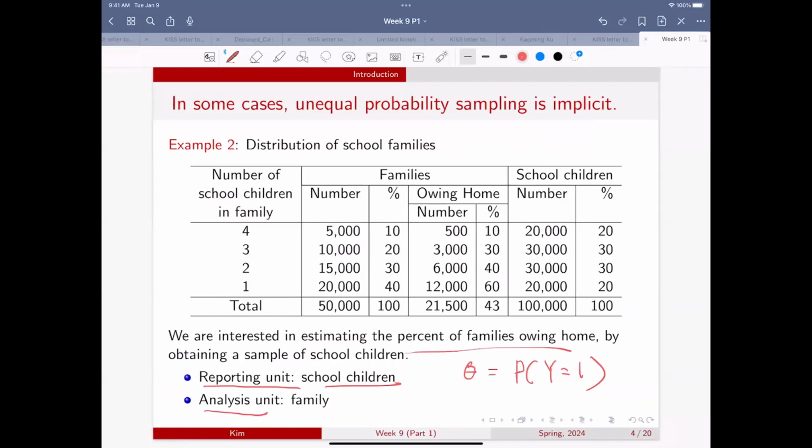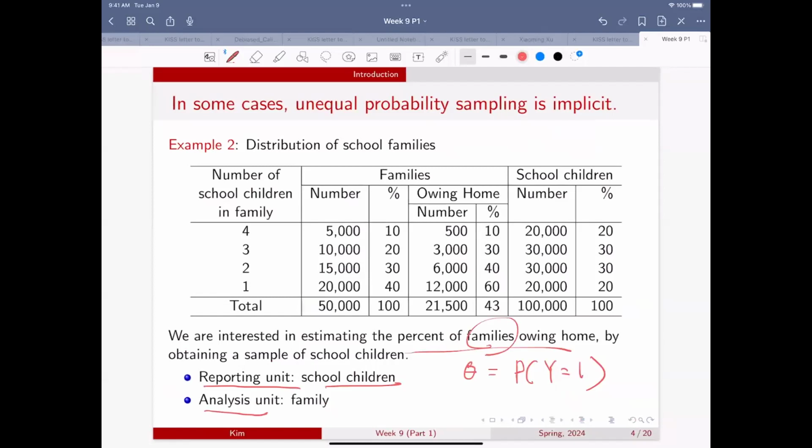Then the unit is what? Family. So the reporting unit is children, but the analysis unit is family.